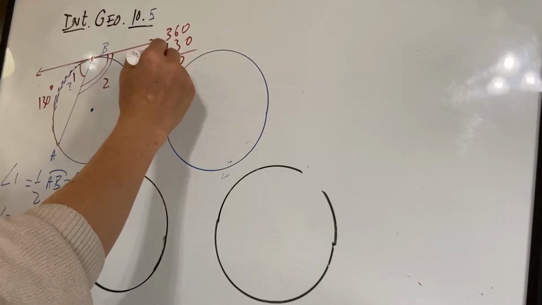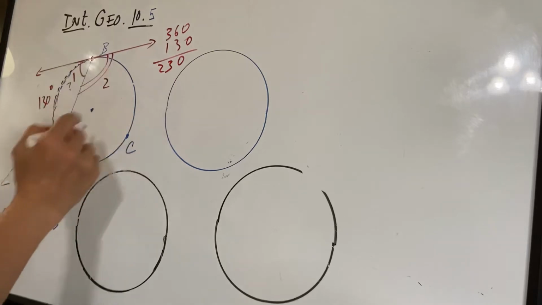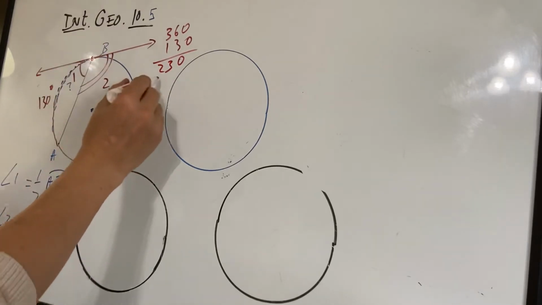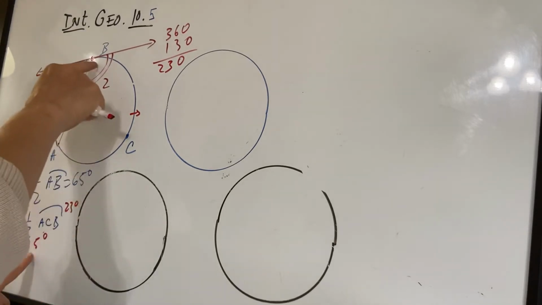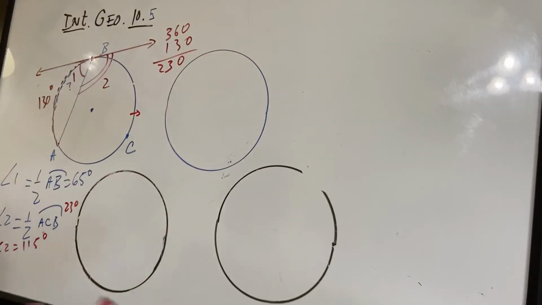Yeah, 230. Therefore, angle 2 is half of that, 115 degrees. Perfect. To check, 115 plus 65, that's 180. Makes perfect sense.